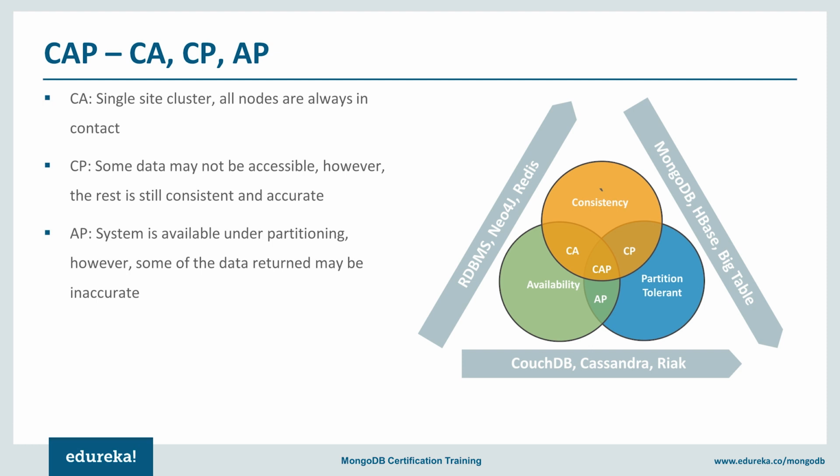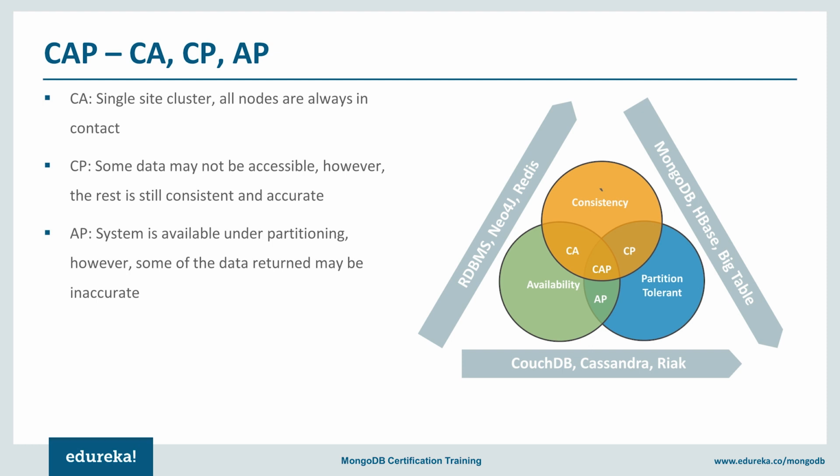However, if we talk about consistency and partitioning, some parts of the data might be available. There might be some sections of the data that are accessible or available in some states.